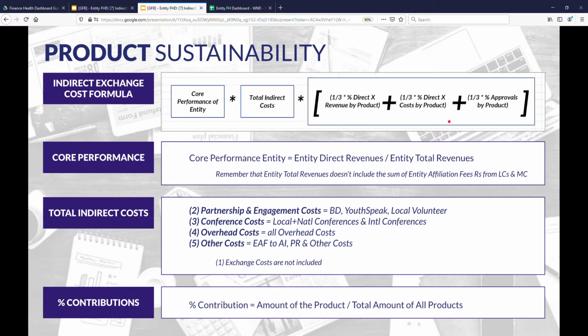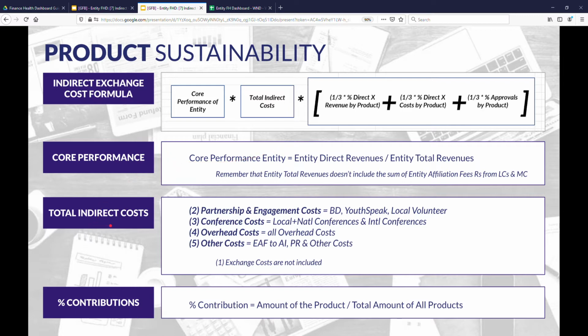There are different scenarios that could happen in terms of how much products actually contribute to the operations holistically. So the best thing to do here is to average these three types of percentage contribution, and from those numbers you would be able to understand how much would actually be allocated to the product in terms of indirect exchange cost.